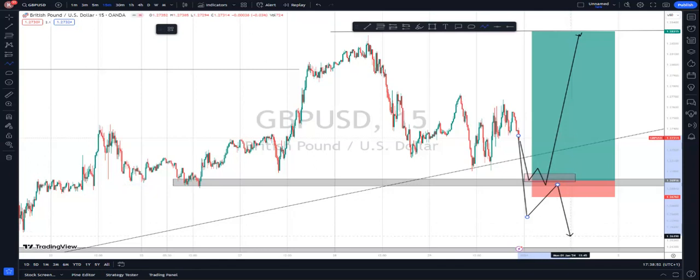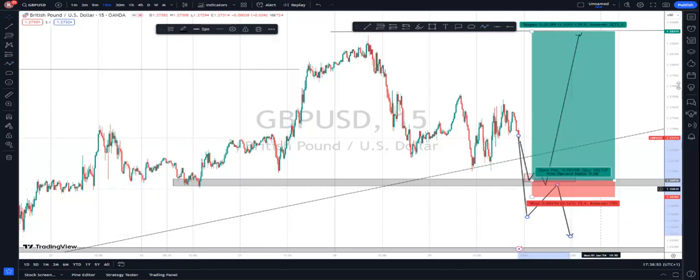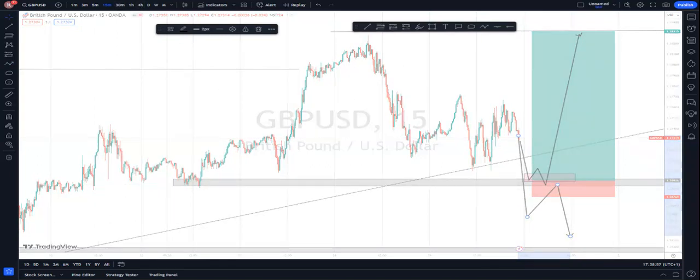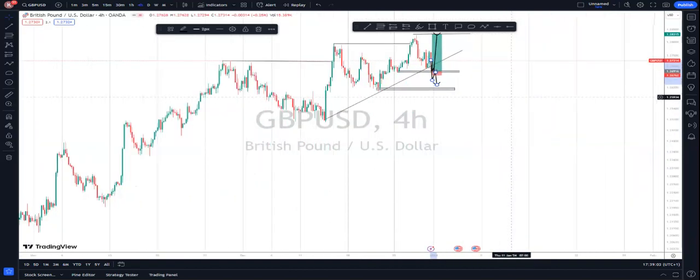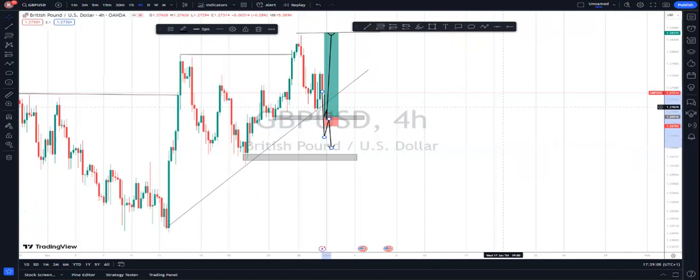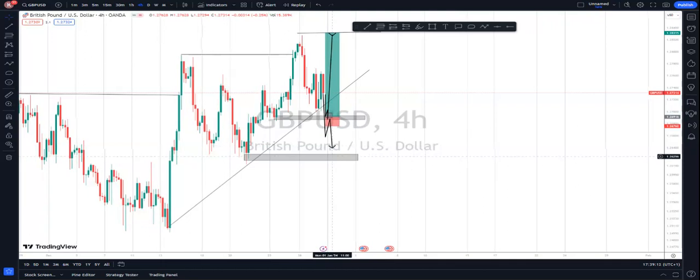When it starts moving down, the next zone we are looking at to continue our uptrend, because we are in a bullish trend on GBP, is this particular zone. After it breaks out of this zone, the next zone you should be looking at is this one for the bull trend to continue.